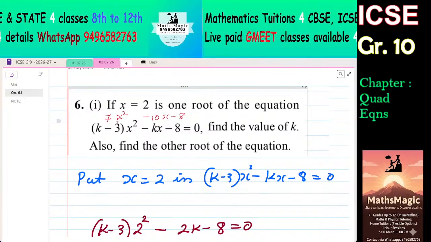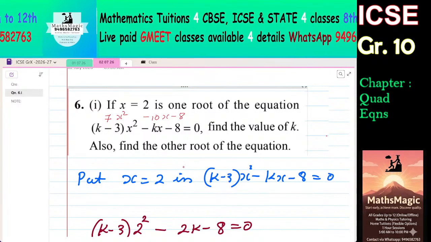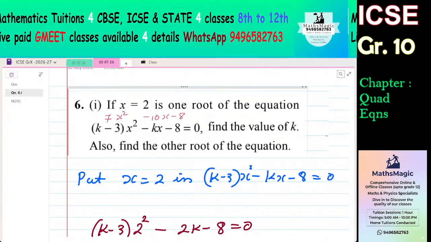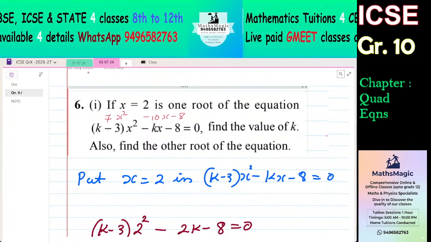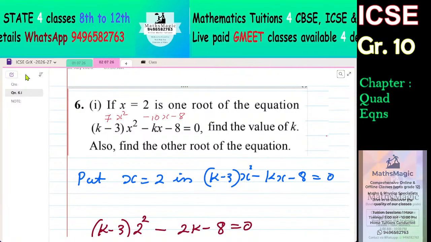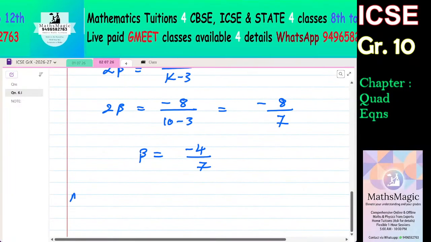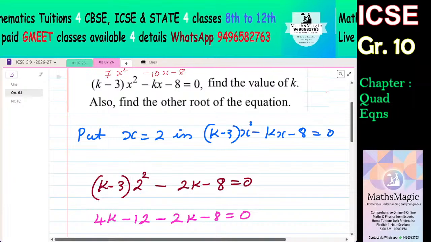Either you can factorize it assuming that x minus 2 is a factor using the division method, or just straightforward direct factorization. Both methods I will show you. You can use any of the methods. We will go for method 2 first.